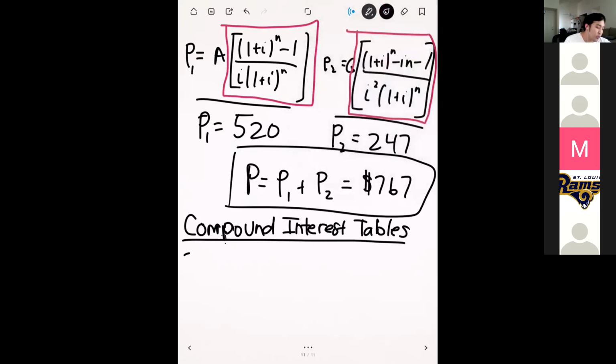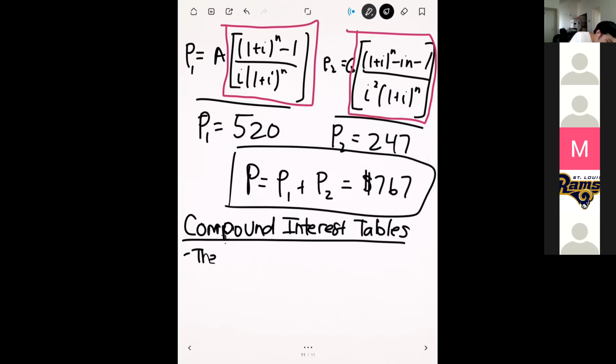The only things you need in order to compute that factor are the interest rate and the time period. This is true for all these economic problems: if you know the interest rate and the time period, you can compute that factor.